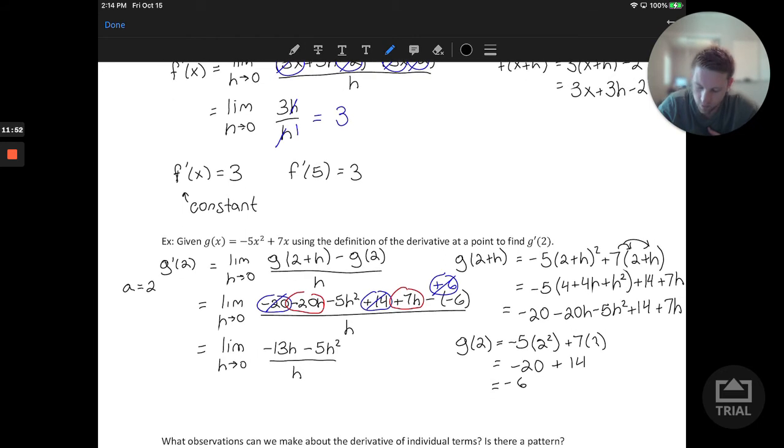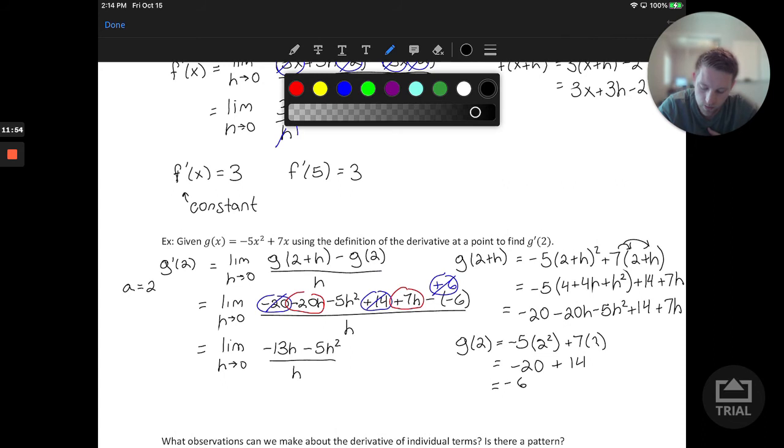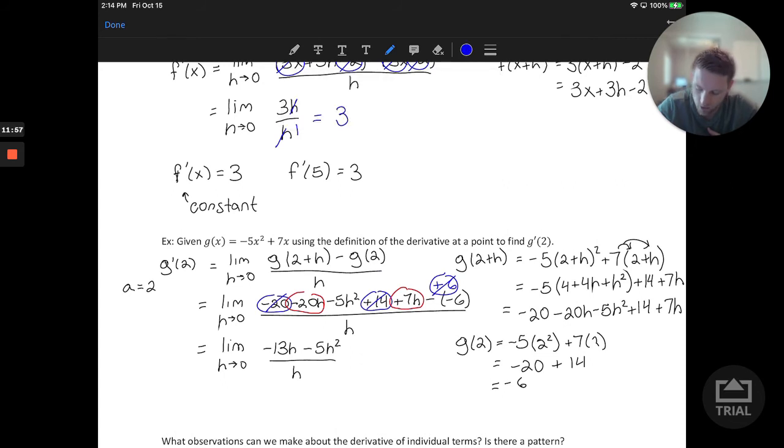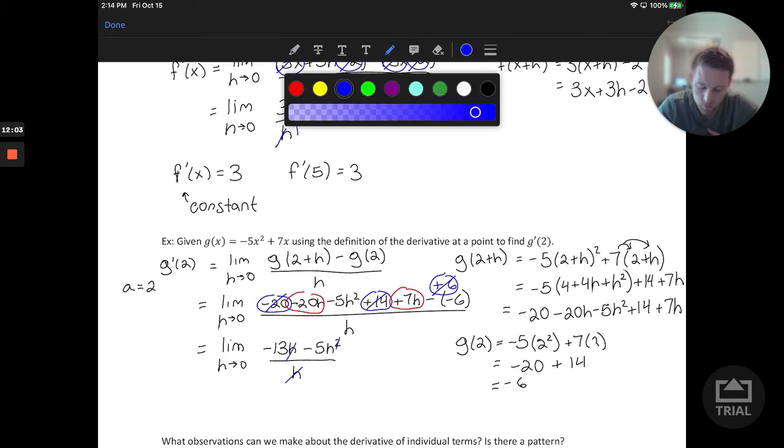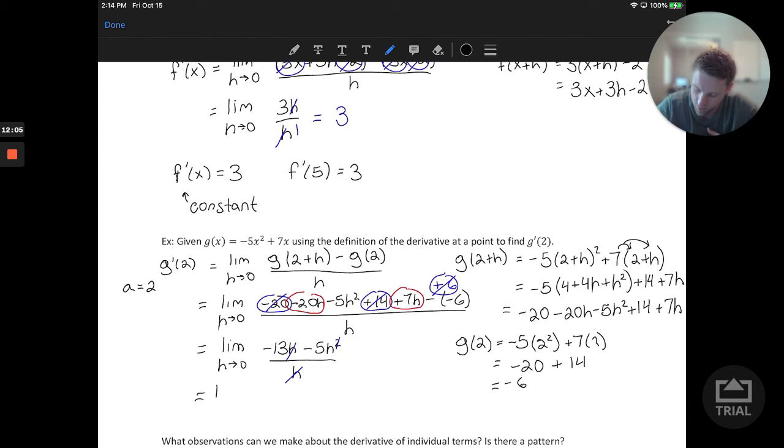Now we can divide out an h from these terms. Each of them has one h, so we can get rid of one, and then we'll be able to evaluate this limit as h goes to 0. We have negative 13, that's a constant, minus 5h. If I evaluate my limit now, I'm safe to do that.